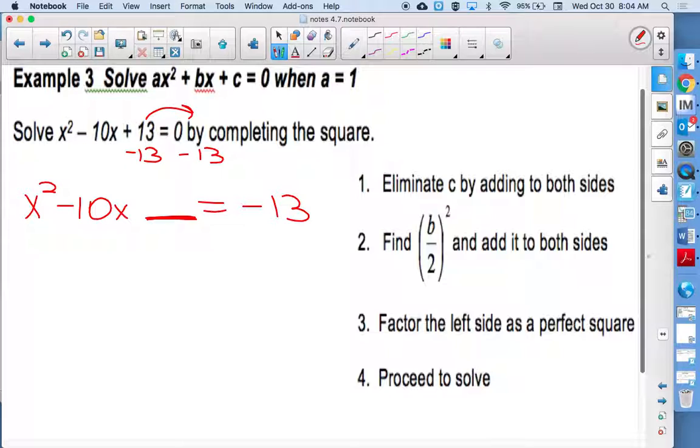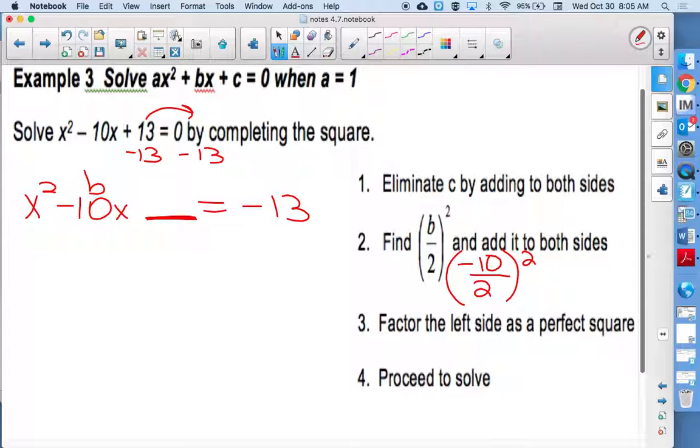So what we've done above was called completing the square. We're going to do that now just in one step. Part 2 says find b divided by 2, which is what we've been doing. This guy here is b, and we're squaring that because that's that perfect square value. So b is negative 10. We divide that number by 2 and square it, so I get a value that's a perfect square.